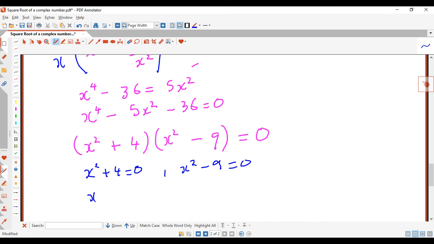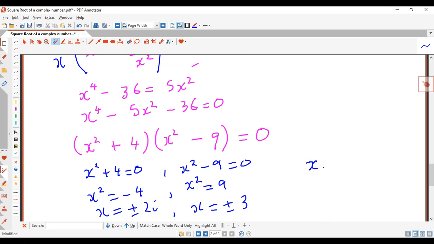So then I get x squared equals negative 4. And then taking the square root of both sides, we get x equals plus or minus 2i. Over here, I get x squared equals 9, and then x equals plus or minus 3. Now, remember earlier in the working, we said that x and y were elements of the real numbers, okay?